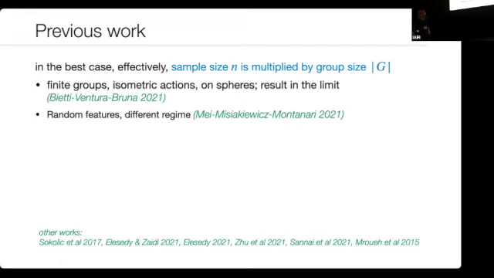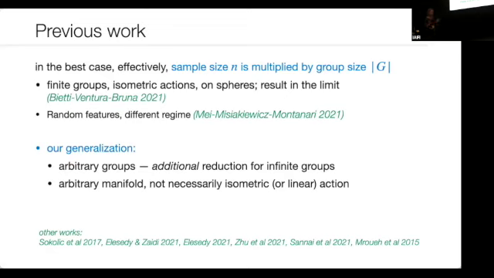That work is a nice result. It's proved for learning on the sphere, and it's only for finite groups, so it's kind of limited. What we did in this work was show that this holds much more generally, on arbitrary manifolds and for arbitrary groups, even infinite groups.